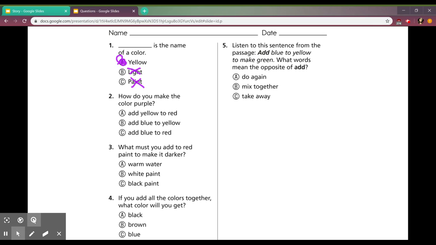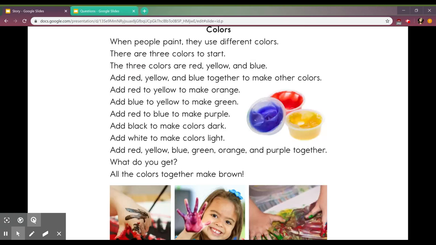Number 2. How do you make the color purple? Add yellow to red. Add blue to yellow. Add blue to red. I want to go back and just find that information. So this one is to make orange, make green, make purple.